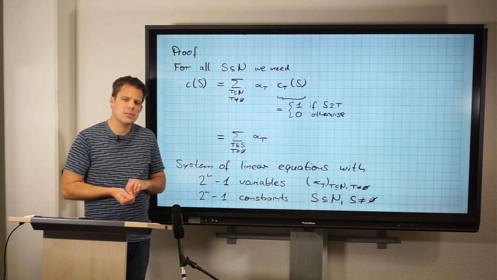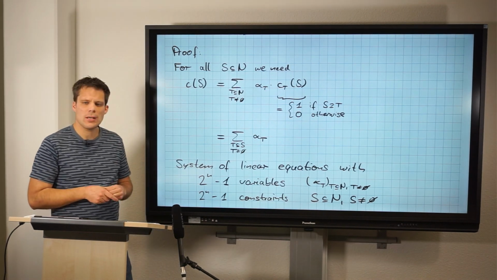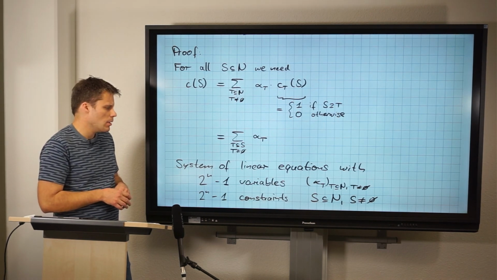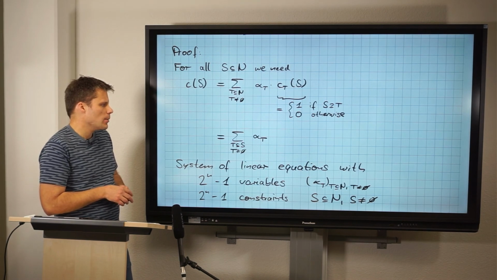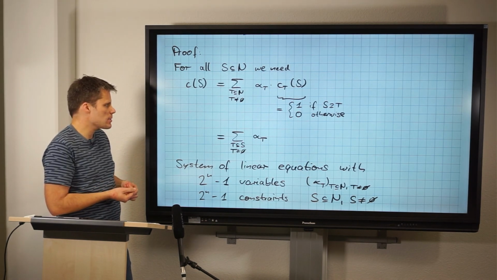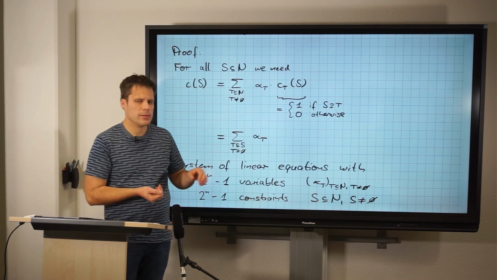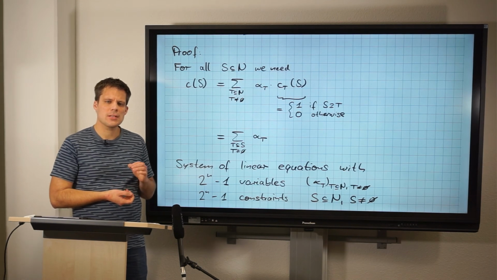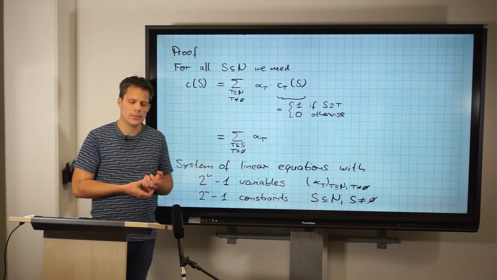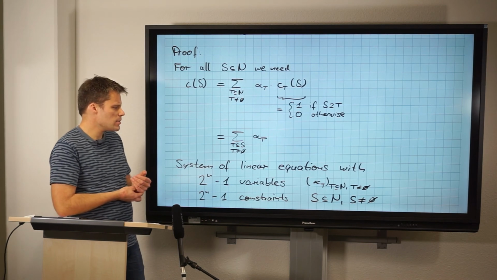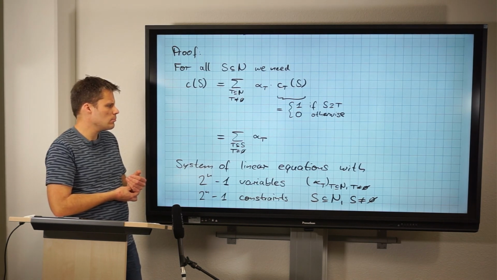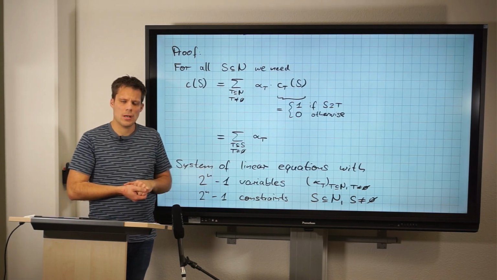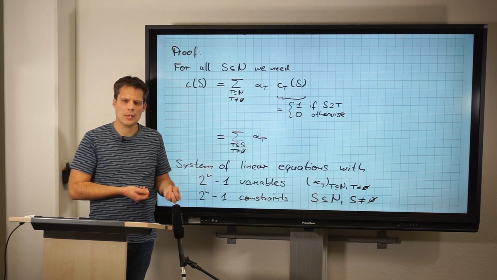So all we have to do is we'll have to see that this system of linear equations actually has a unique solution. Why is that? Well, the one way you can think about this is, what would these alpha values be for the singleton sets, for the sets that contain only one element? For these, they will have to be just exactly equal to the cost of that particular single agent.